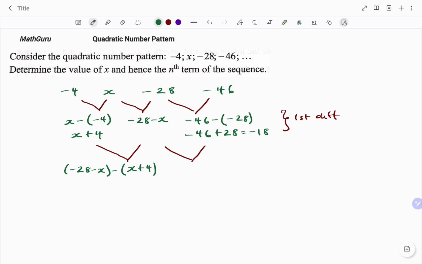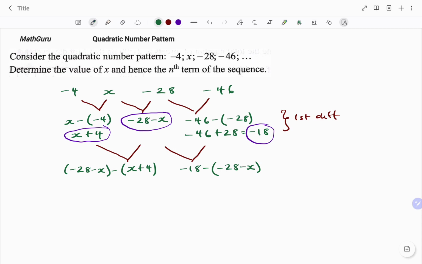And then for the second difference, I start with negative 18 minus, I'm going to put that in a bracket again, negative 28 minus x. So note that the terms I'm using are x plus 4, negative 28 minus x, and negative 18.